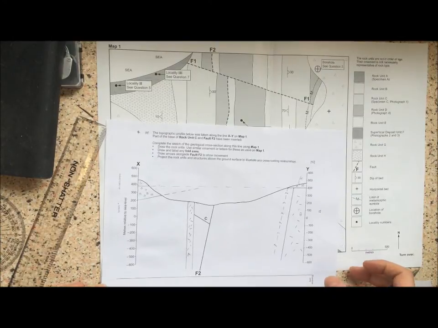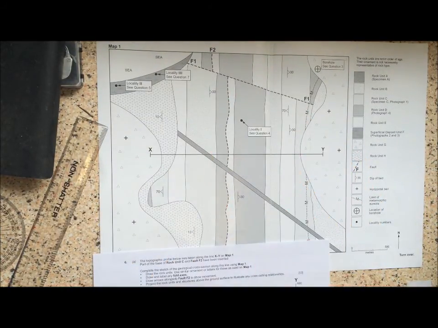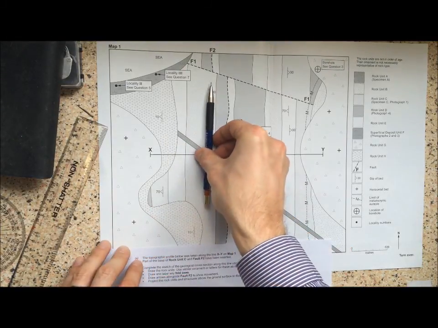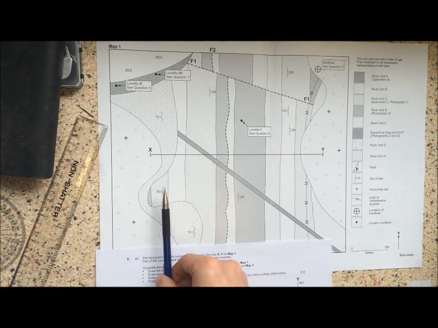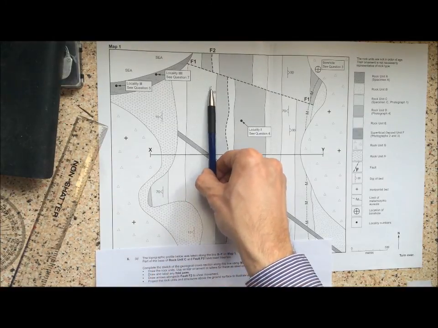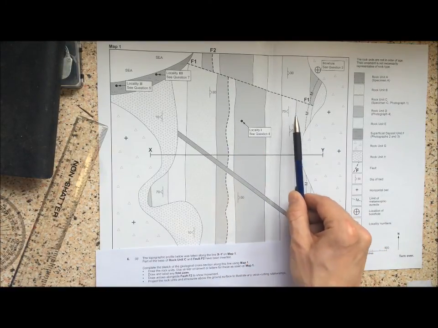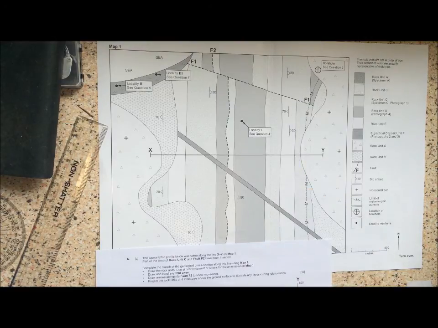It's now time to turn our attention to what's going on underneath. So we've got displacement from the fault, and we've got these steeply dipping and shallowly dipping beds. And the first thing that I think is important to do is to start having a look at this and thinking, well, if we've got steeply dipping beds on the west side and shallow dipping beds on the east side, and a good example of where the two are together is over here, what this means is that we've got an asymmetric fold structure.